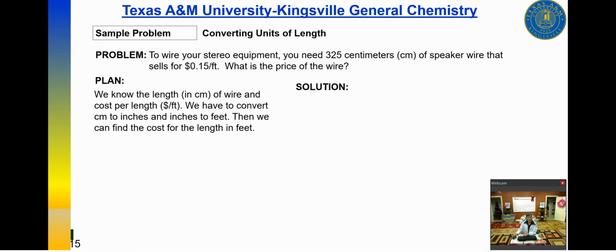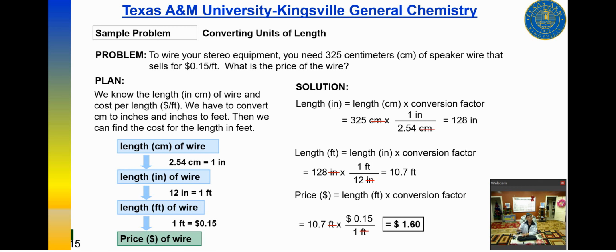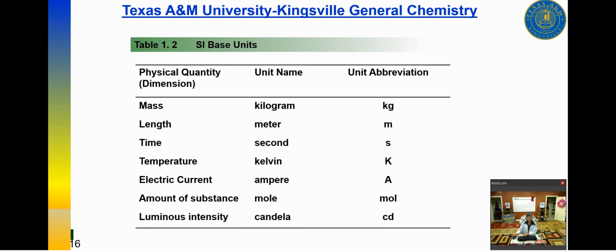So next class, we are going to do lots of unit conversion. Before we work on the unit conversion, I want to mention several important international standard units. Particularly, this table tabulated the SI base units. SI represents international standard.